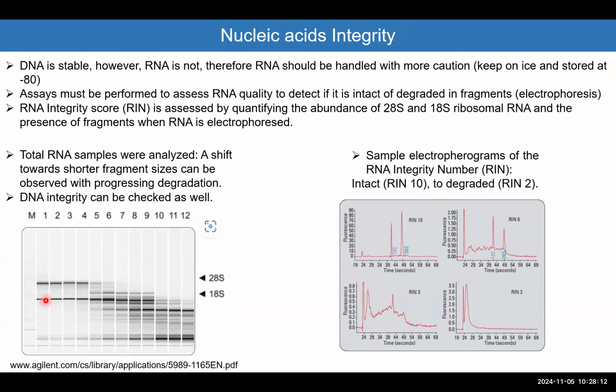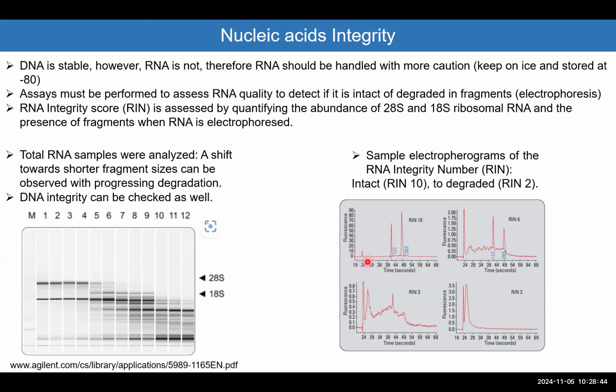Now, the better the separation of these bands, it tells you that the RNA integrity is good, and that's a high RIN of 10. And that's where you can see the band of the 28S here, and the band of the 18S in there, and the 5S somewhere like there.